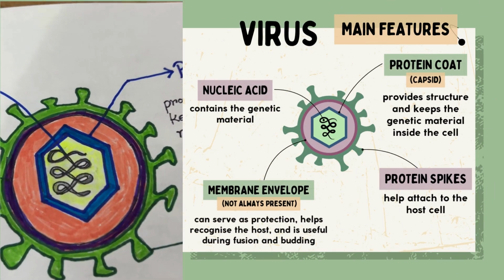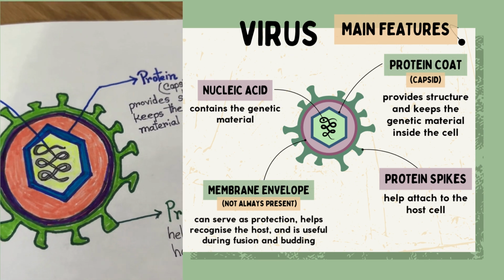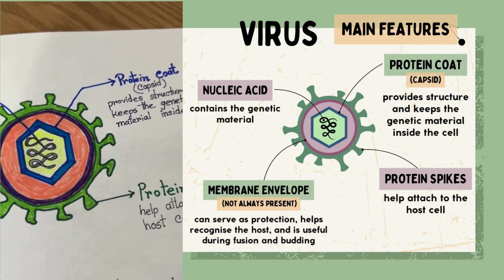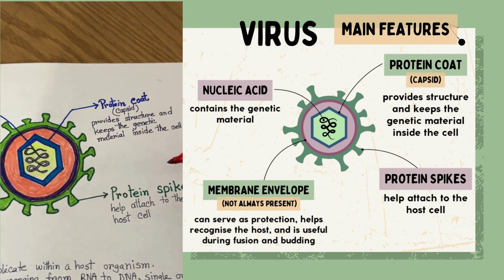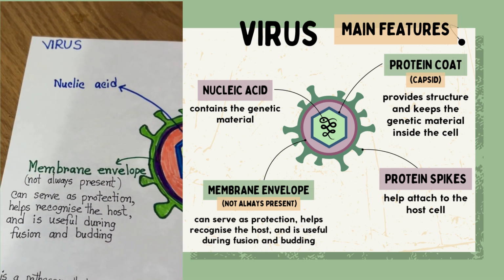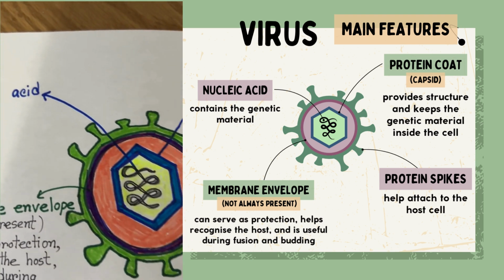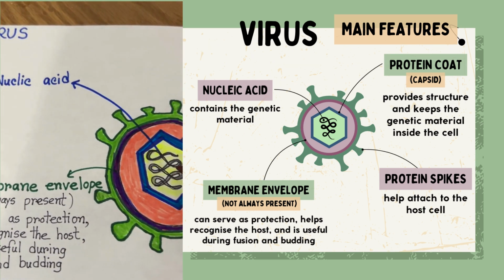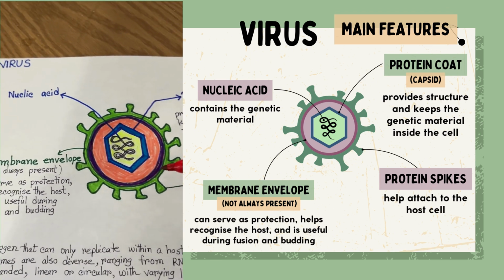This is the protein coat that provides a structure and keeps the genetic material inside the cell. That is the protein spikes, which help attach to the host cell. And here is a membrane envelope, not always present. And this is the nucleic acid, the center. So this is the structure of a virus.